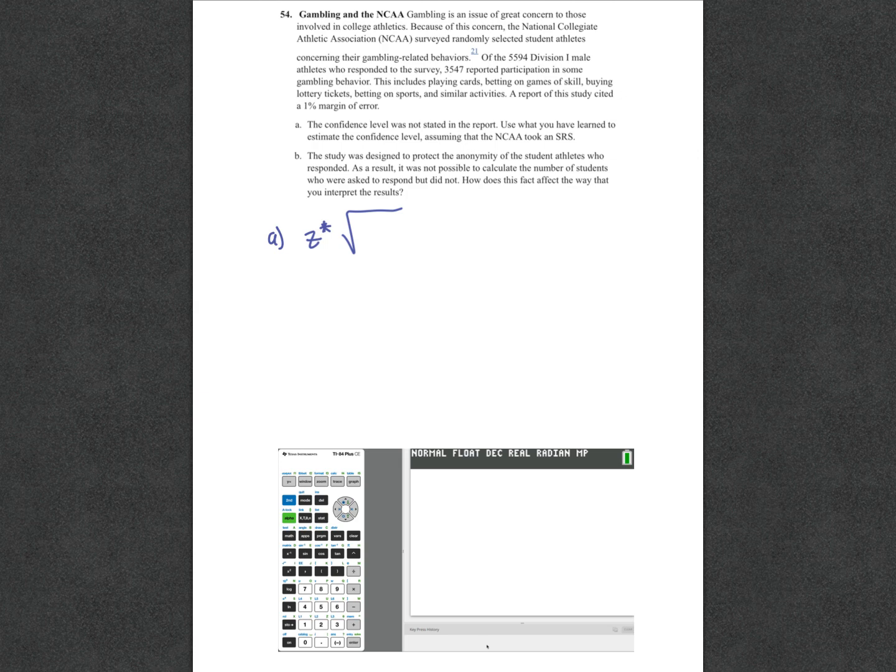And then we'll use the point estimate. So our p hat for this is going to be 3547 out of 5594.